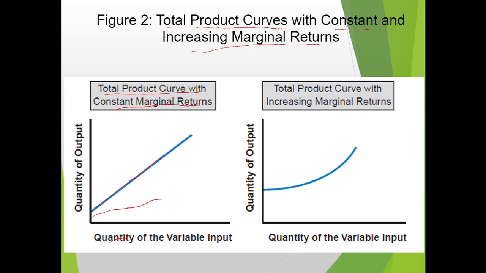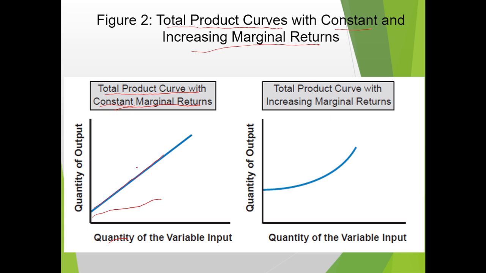So it clearly says that when you increase the quantity of variable input, you will increase the quantity of output. And since this particular graph is the result of constant marginal returns, that is, the marginal return is constant, neither increasing nor decreasing, we will get a graph like this, right?